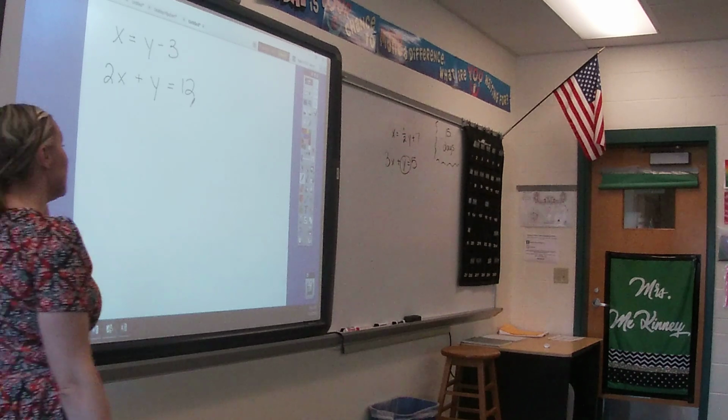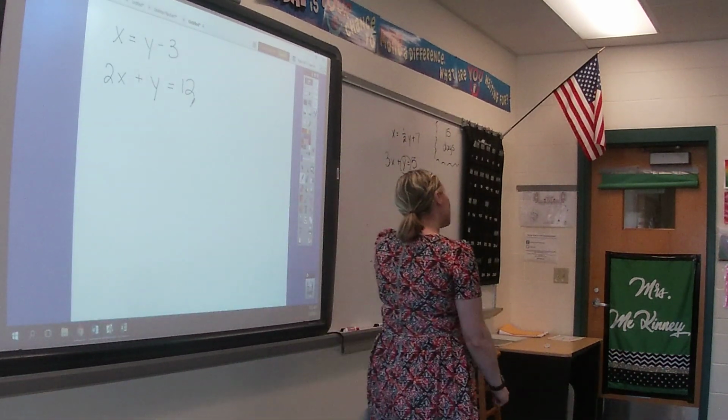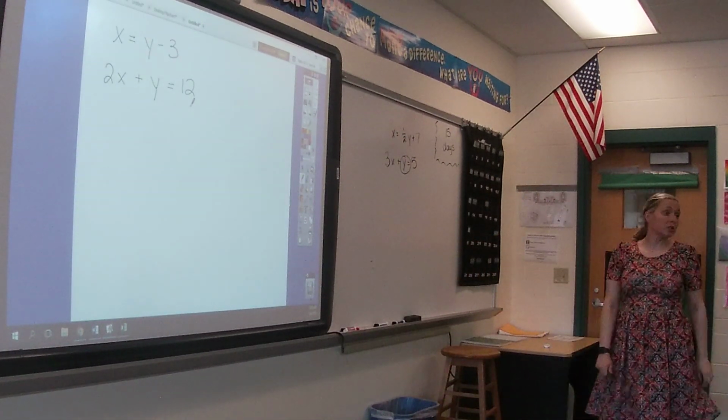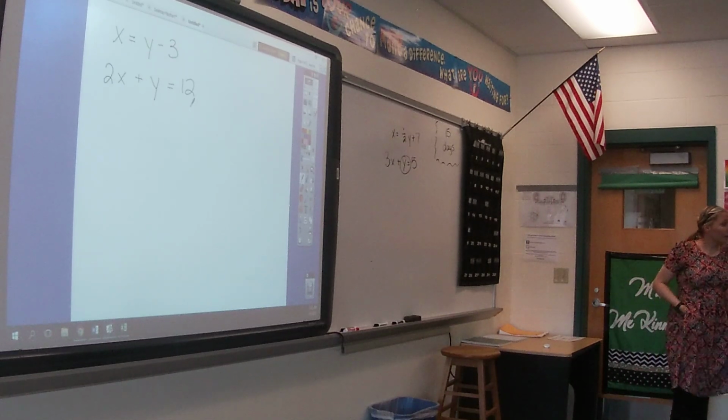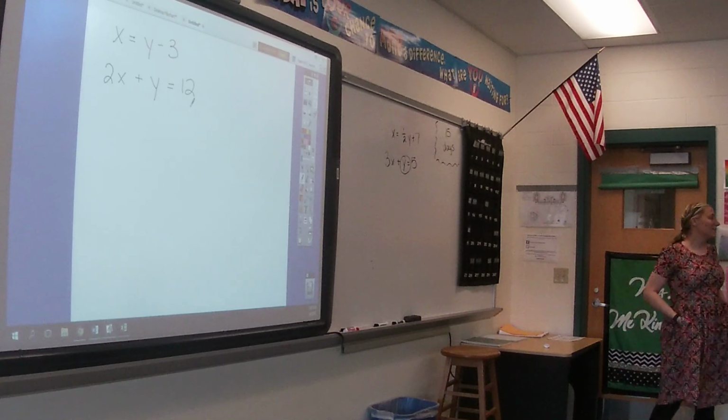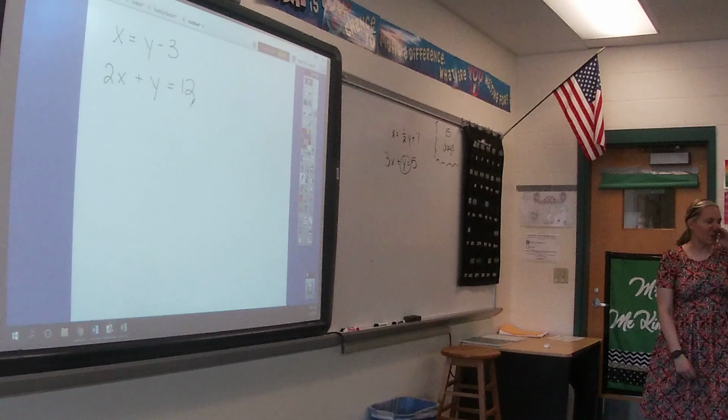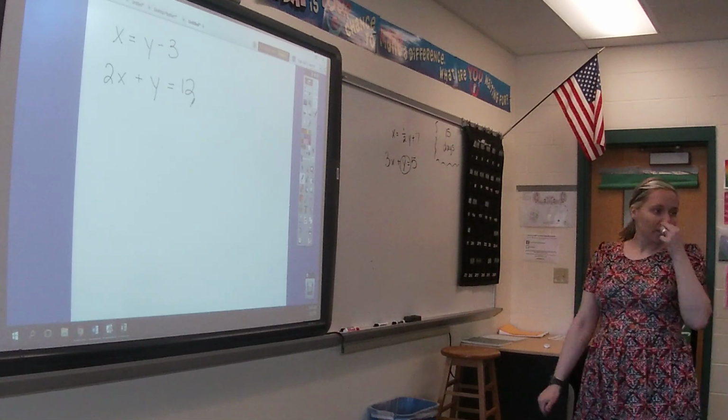X equals y minus 3 and 2x plus y equals 12. Okay, we know that we're going to solve this by either substitution or graphing because those are the only two that we know. We have to get y by itself.